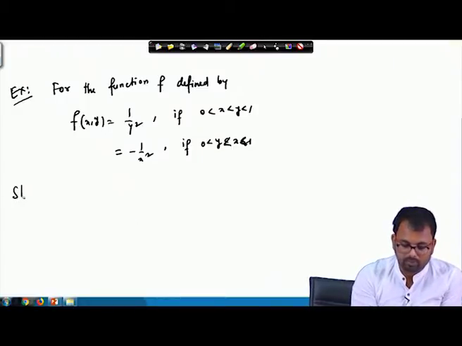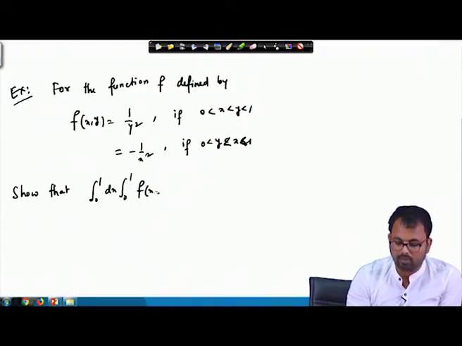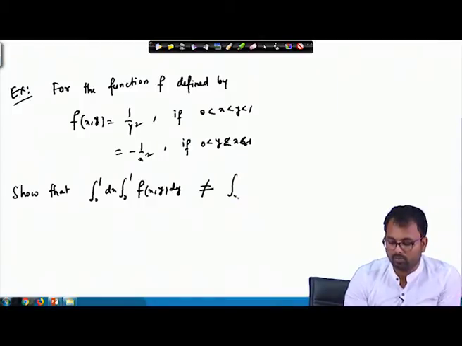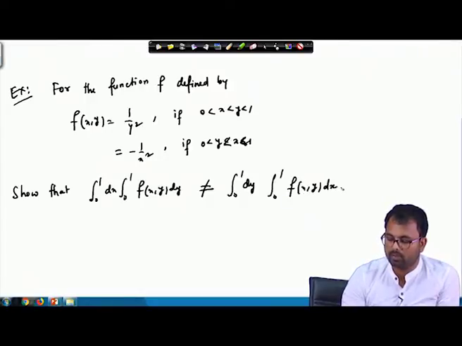Then show that integral from 0 to 1 dx integral from 0 to 1 f(x, y) dy is not equal to integral from 0 to 1 dy times integral from 0 to 1 f(x, y) dx.